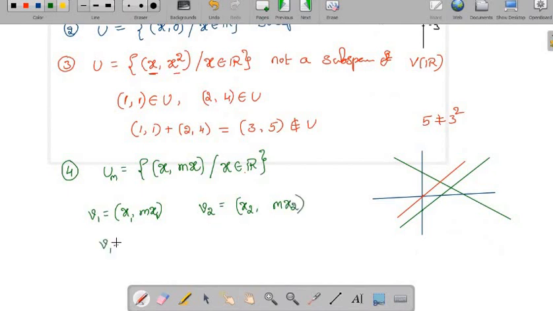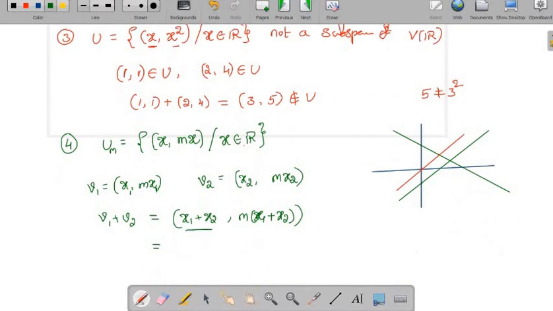If I add v1 and v2, you can see that the result is nothing but x1 plus x2, and here you'll get mx1 plus mx2, but m can be taken out, so m times (x1 + x2). So finally, whatever you have as the first coordinate, the second coordinate is that first coordinate multiplied by m, right? That is what they said, right? So we are very clear that this element belongs to U_m.